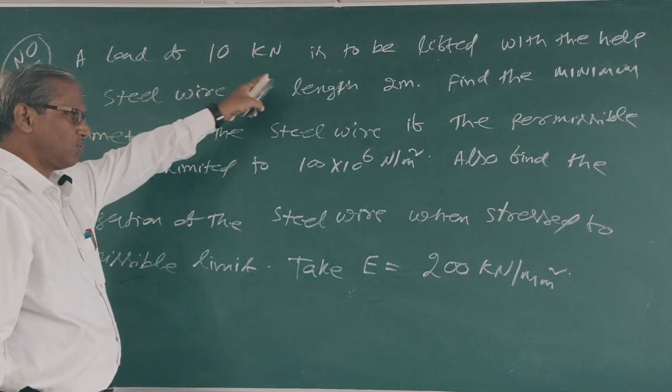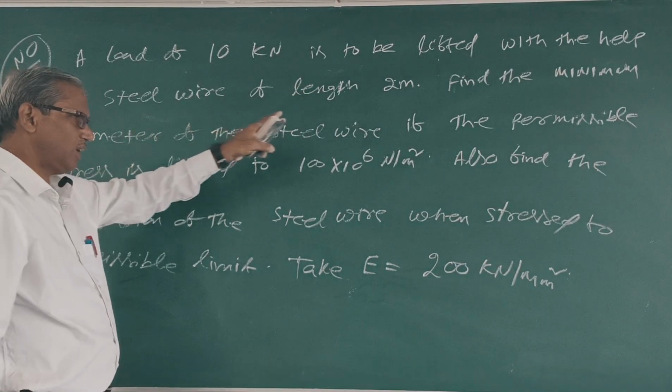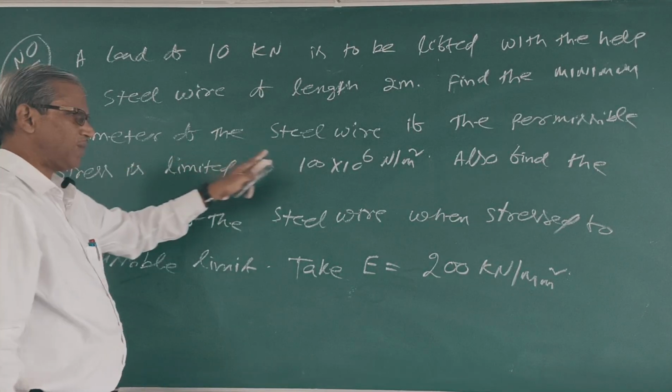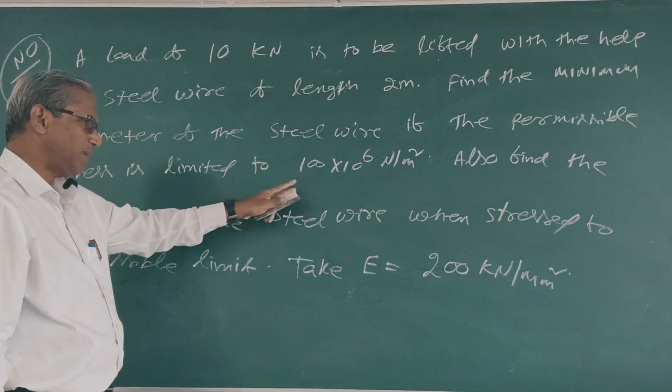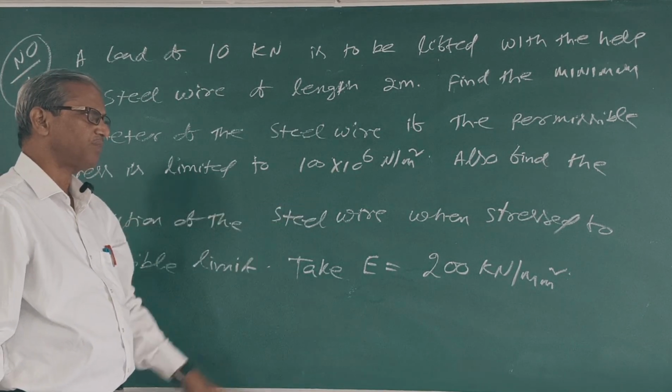The load of 10 kilonewton is to be lifted with the help of a steel wire of length 2 meter. Find the minimum diameter of the steel wire if the permissible stress is limited to 10^6 Newton per meter square.